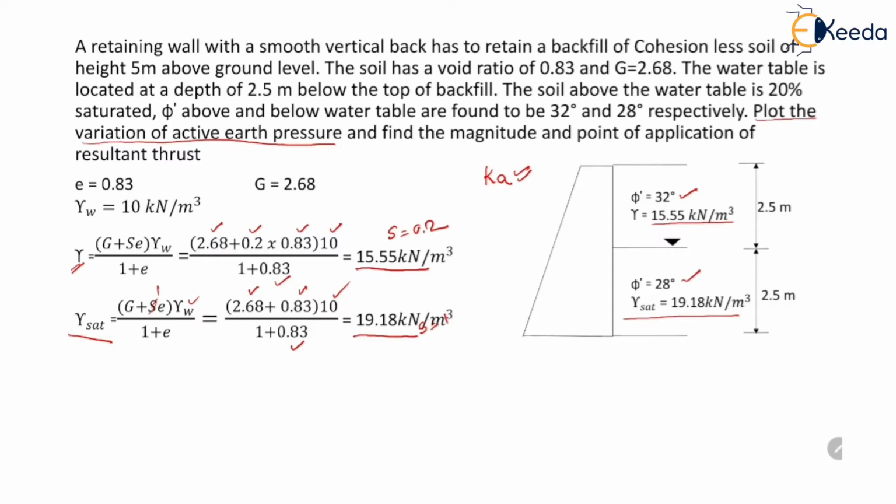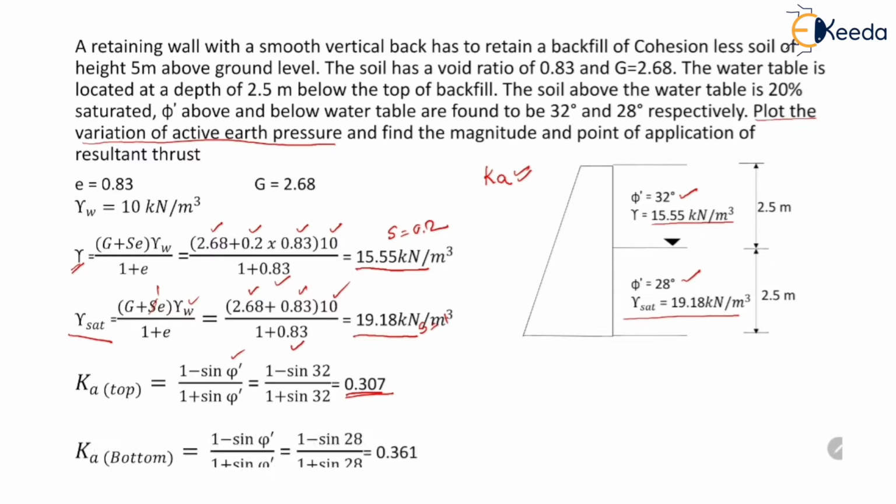First we will determine the value of Ka for the top layer. It is equal to (1 minus sine phi dash) divided by (1 plus sine phi dash). So phi is equal to 32 degree. Ka will be equal to (1 minus sine 32) divided by (1 plus sine 32), which is equal to 0.307.